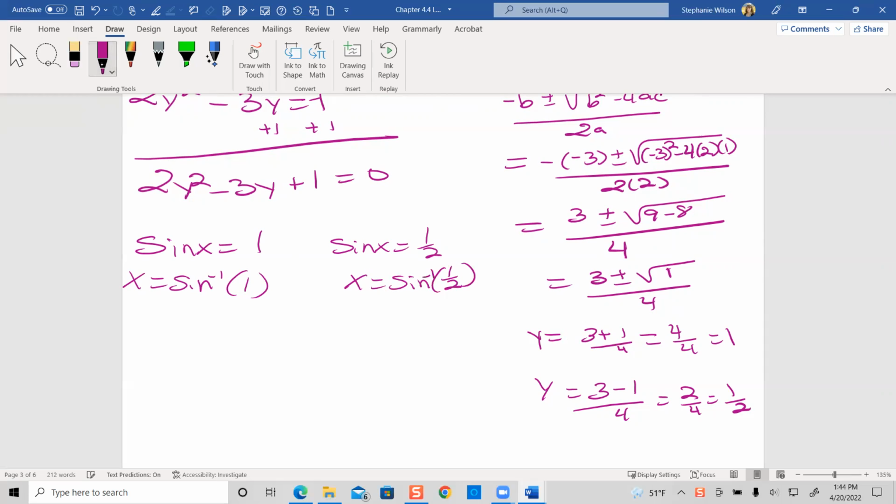Okay, now what is sine inverse of 1? It's pi over 2. And sine inverse of a half is pi over 6. And now I got my answers. And that's it.